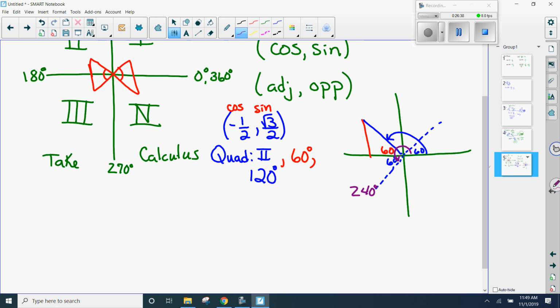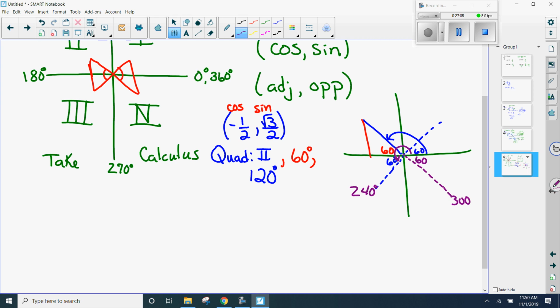Now, what's another angle measure that would still have that same value, but maybe a different sign? Well, I need a 60-degree again, right? So I think about the bow tie effect, and it's going to be over here. The bow tie is going to be right there, 60 degrees. So 360 is all the way around. So if I drop back 60 degrees, this is 300 degrees. Type in the sine of 300 degrees.